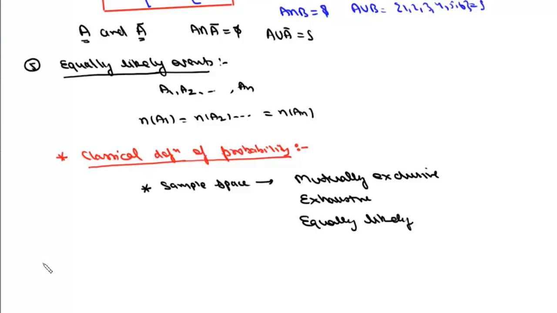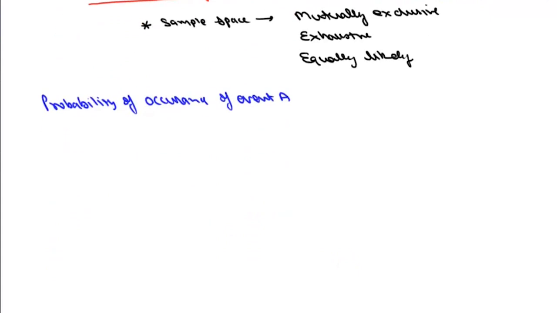Then the probability of occurrence of event A is represented by P(A), and it is equal to the number of elements in the event set upon the number of elements in the sample space.